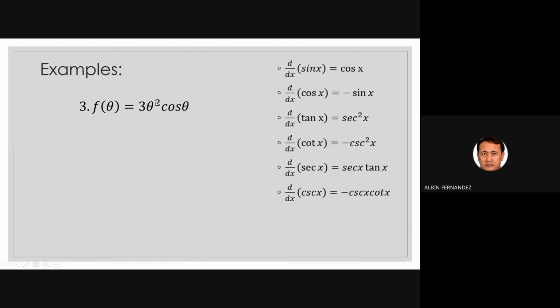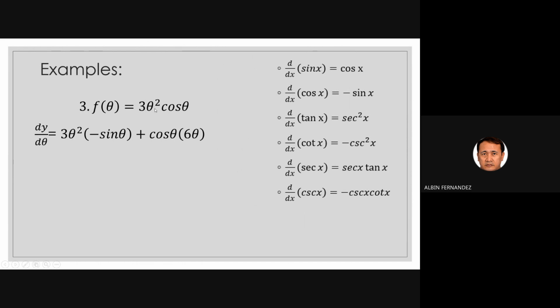So 3 theta square is one factor multiplied to the next factor, or the second factor, which is cosine theta. So basically, this again is a product rule. So the first factor is 3 theta square times the derivative of the second factor, which is negative sine theta, plus cosine theta, which is the second factor.